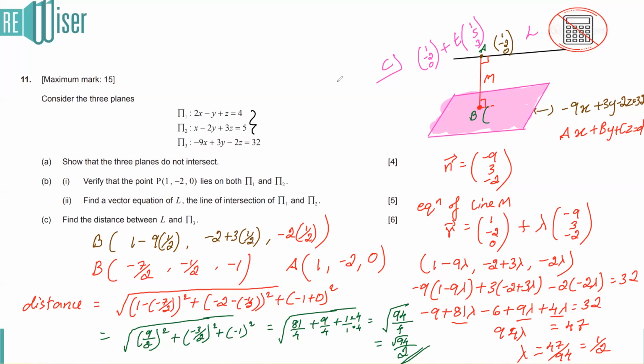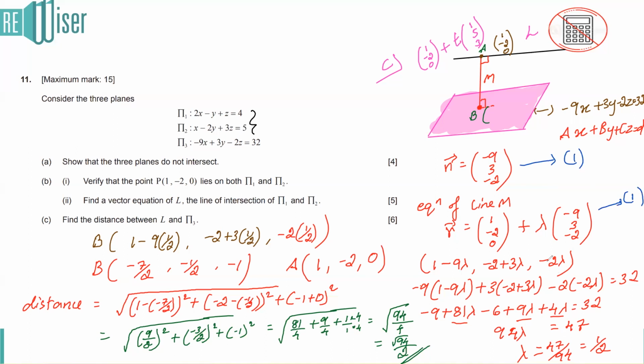And the 6 marks distribution goes something like this. The 1 mark is for finding the equation of line 1 with a proper direction, observing that the normal vector is minus 9, 3, and minus 2. The second mark is for finding the equation of the line.